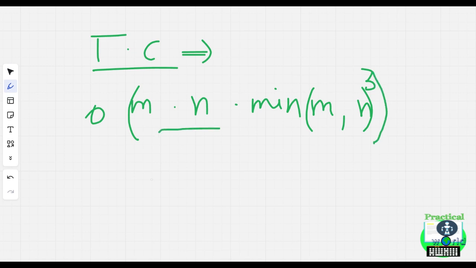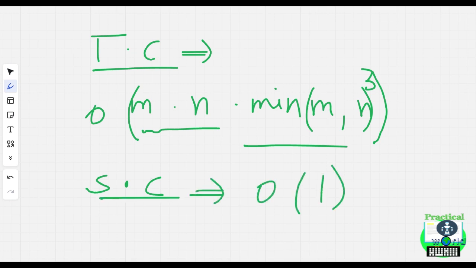This is for traversing the given matrix. Then again one loop for size and two loops for traversing the square submatrix, which can be minimum of m comma n. So this is our time complexity because in total we have 5 loops. And space complexity is big O of 1. We are not taking any extra space.